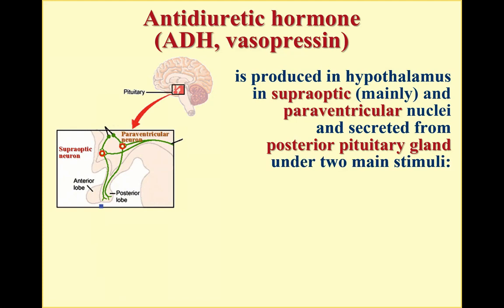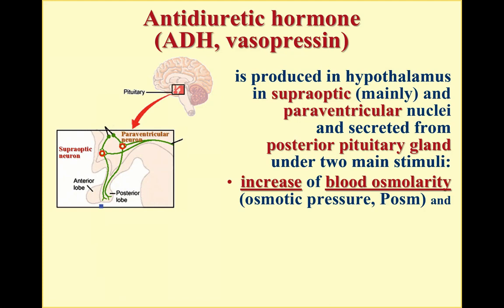The main stimuli that stimulate secretion of vasopressin are increase of blood osmolarity, which is detected by osmoreceptors of hypothalamus. They respond to the osmotic pressure proportionally to its level and correspondingly proportionally stimulate secretion of antidiuretic hormone.